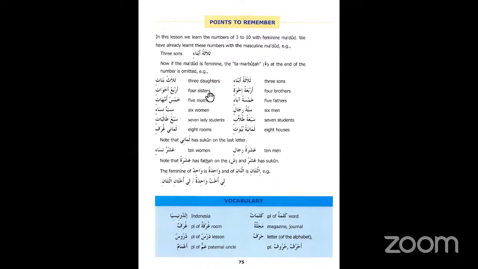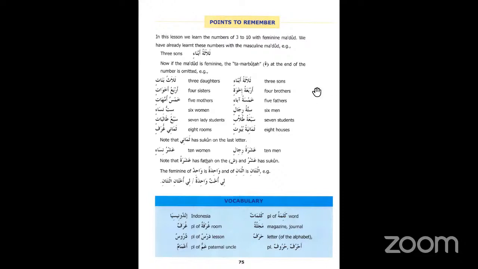Arba'atu ikhwatin is 4 brothers, and the feminine would be arba'u akhawatin, 4 sisters.